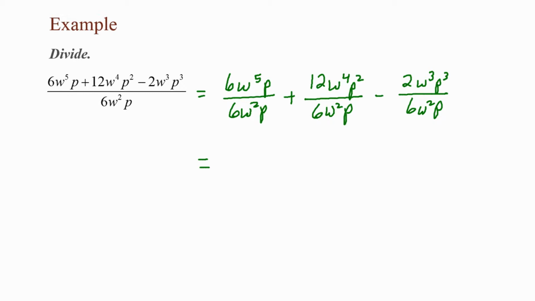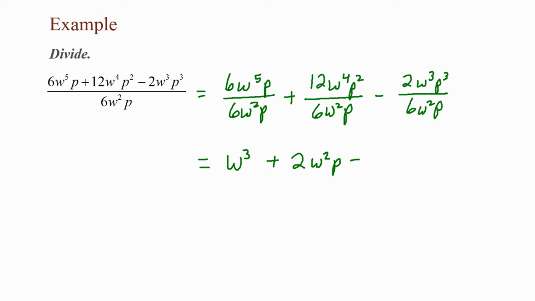Reducing, 6 divided by 6 is 1. W to the fifth divided by w squared is w to the third, and the p divided by p cancels to be 1. Plus, 12 divided by 6 is 2. W to the fourth divided by w to the second is w squared, and p squared divided by p is p to the first.